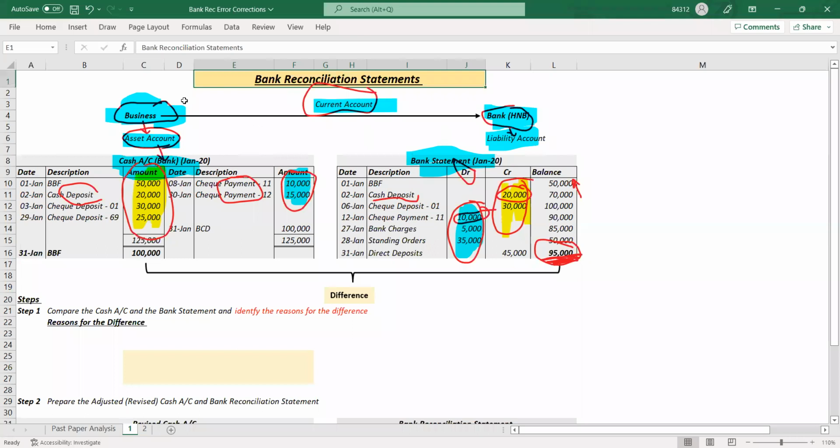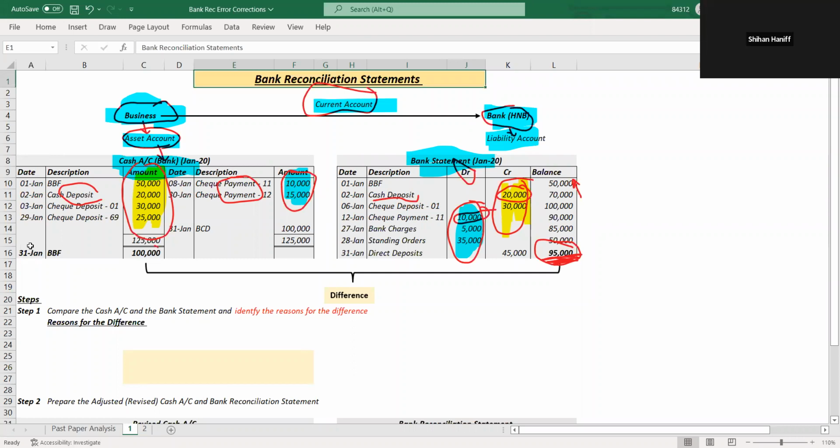So how do we check? Let's start with the debit balance in the bank account. Opening balance 50,000. Here also opening balance 50,000. What you have to do is tick these two balances, 50-50.